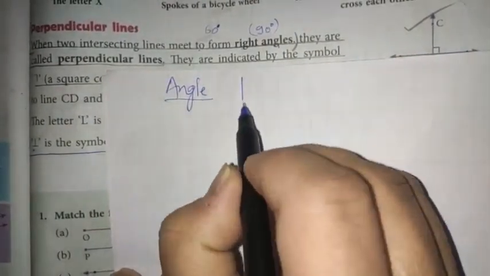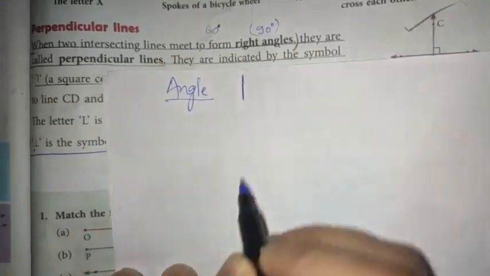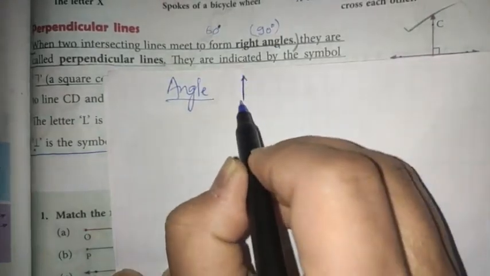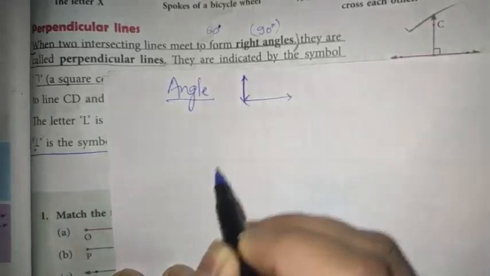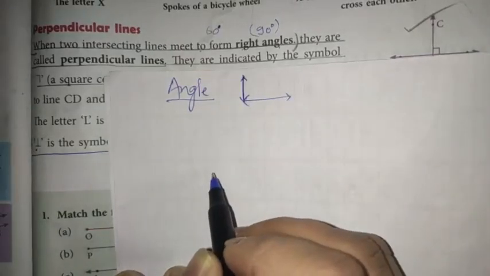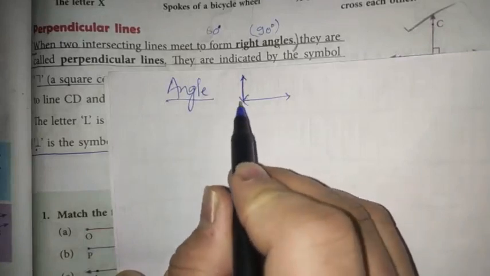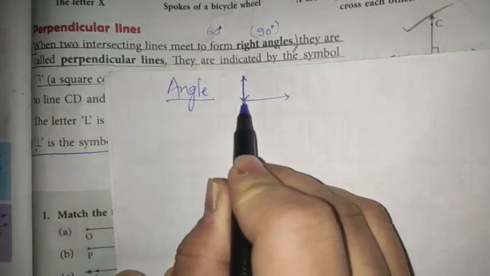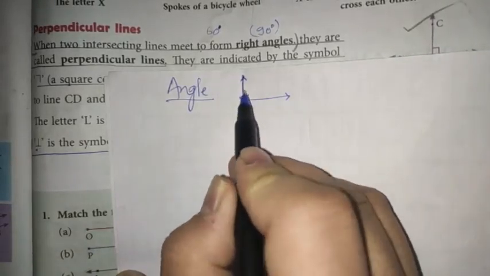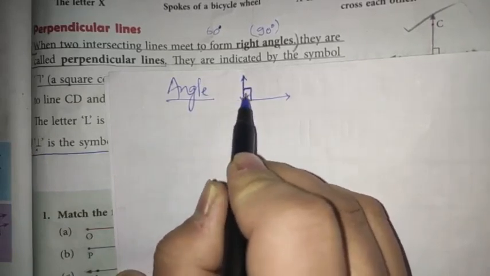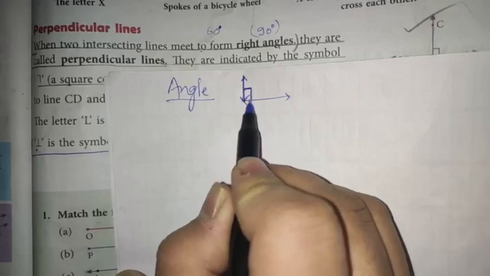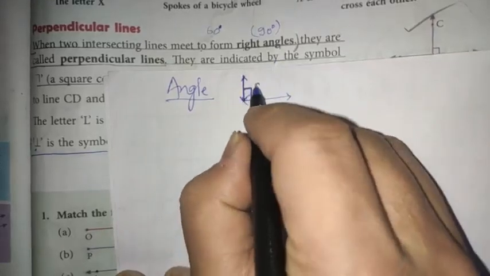So say this is one line, and another line, say this one, is making contact like this. They are intersecting, no? Just see the point, they meet at one point. If I calculate the value of the angle made here, the angle made is 90 degrees.